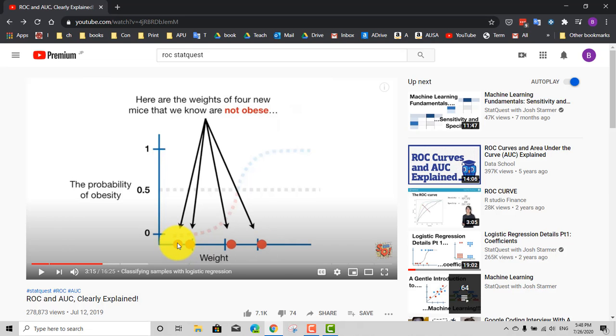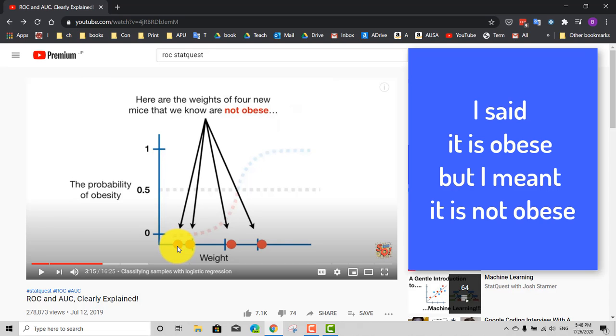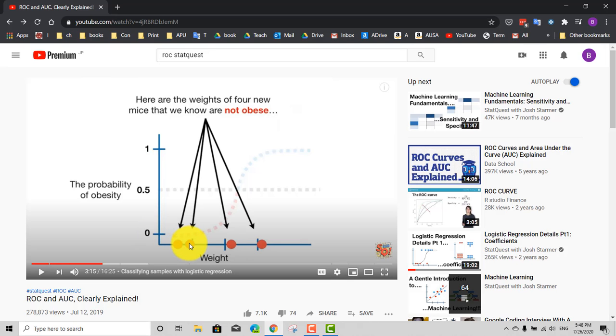If this mouse is red, it means it's not obese, and its weight is here, then I go up here and it's definitely going to classify it as not obese. This one is definitely going to classify it as not obese. But this one, we go up to here, okay, it's still not obese. And this one, though, we go up to here in our model, and it's definitely going to classify it as obese, but it's not obese. We have red as not obese.